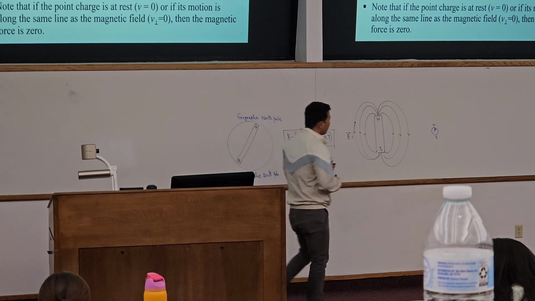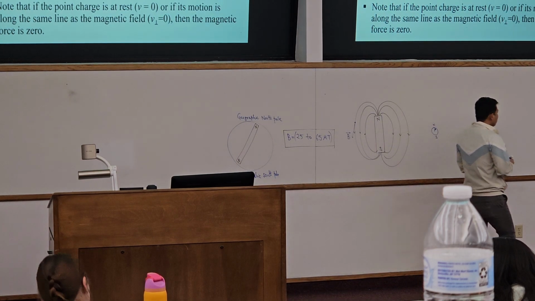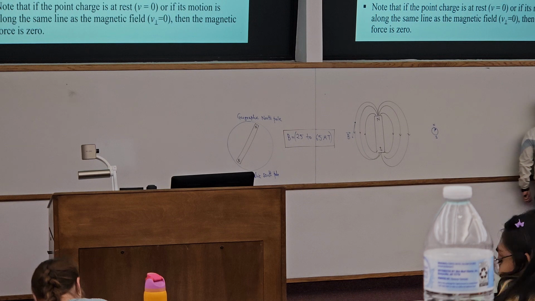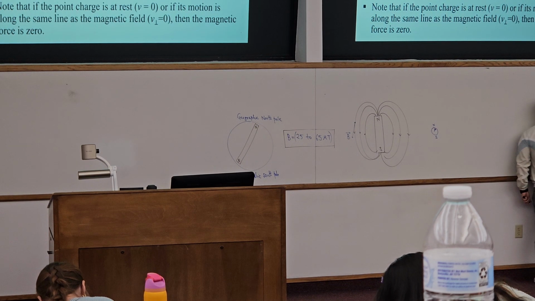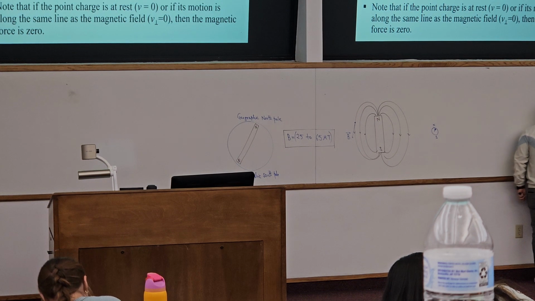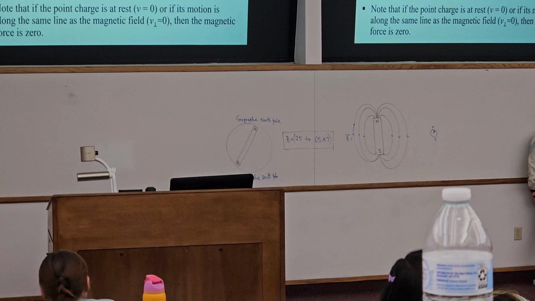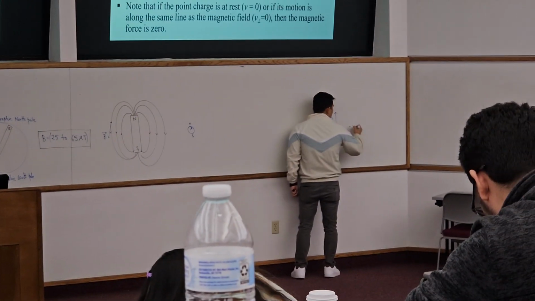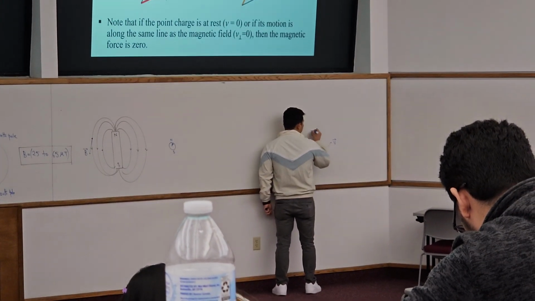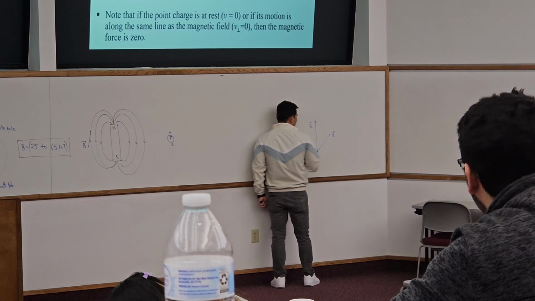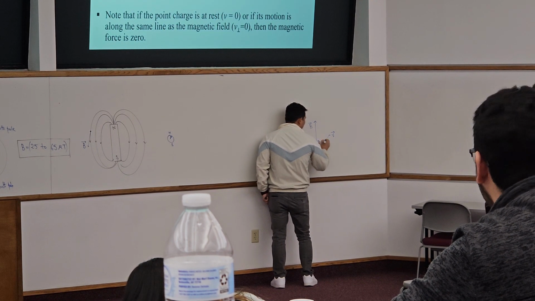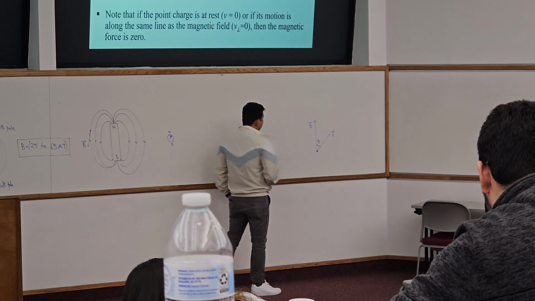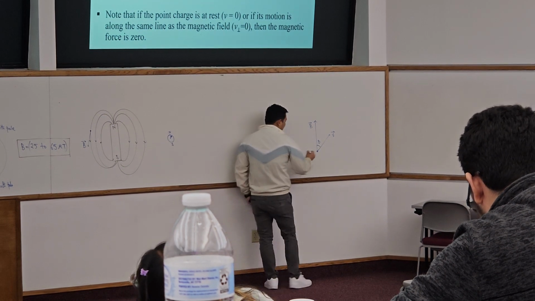So let me talk about that. Let's say you have a magnetic field like this. The direction of the magnetic field is aligned along this direction, and a charged particle moves along this direction with a speed of v, so that the angle between these two vectors is given by theta, and this charged particle I call q.